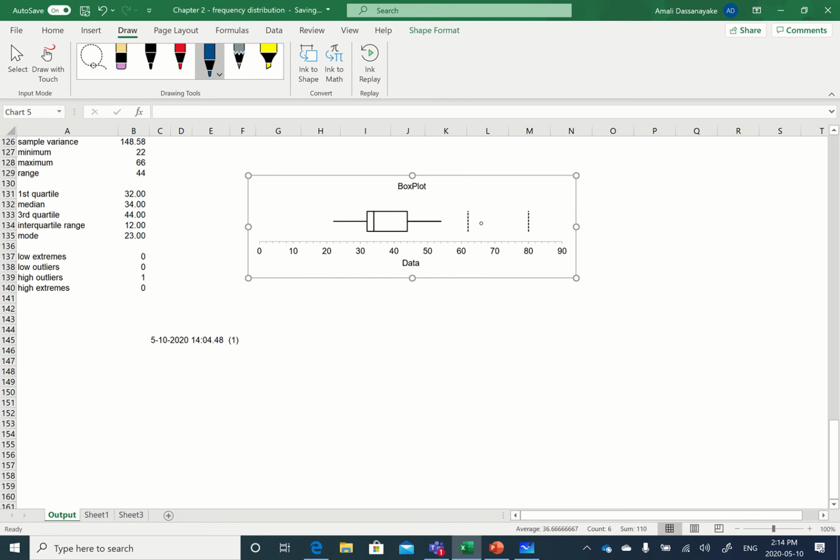We call them whiskers, and the left side whisker goes until the minimum data point, and on the right hand side, this dot over here means an extreme value or outlier. So we have an outlier in this data set.